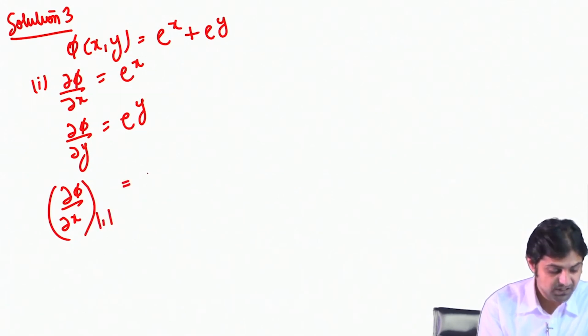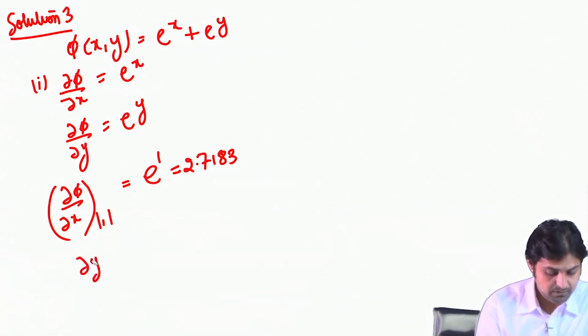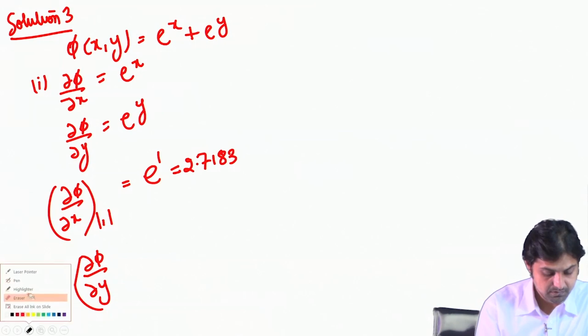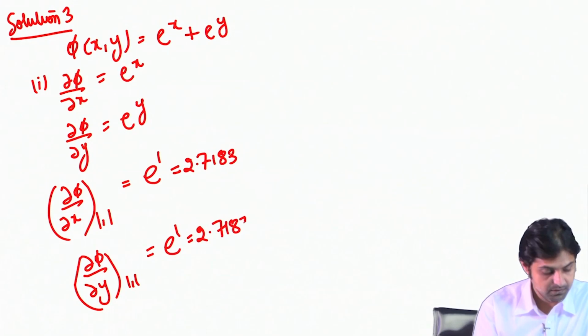It's going to be e to the power 1 or 2.7183. Similarly, del phi by del y at 1 comma 1 is e to the power y, that is e to the power 1, 2.7183.